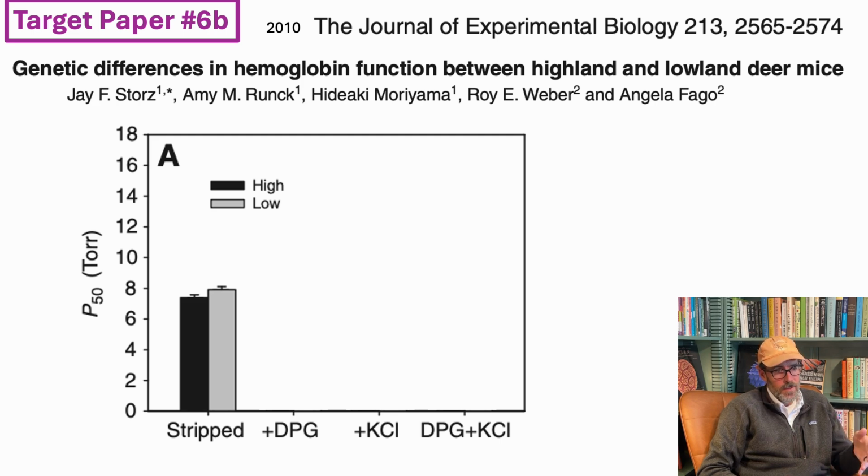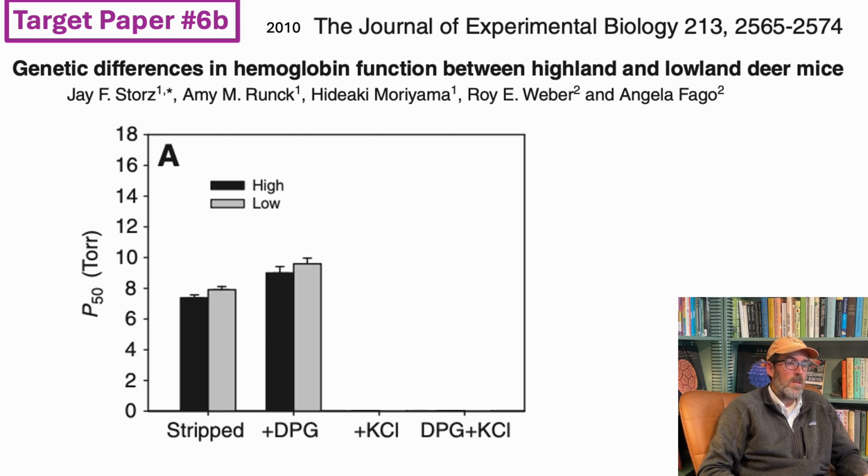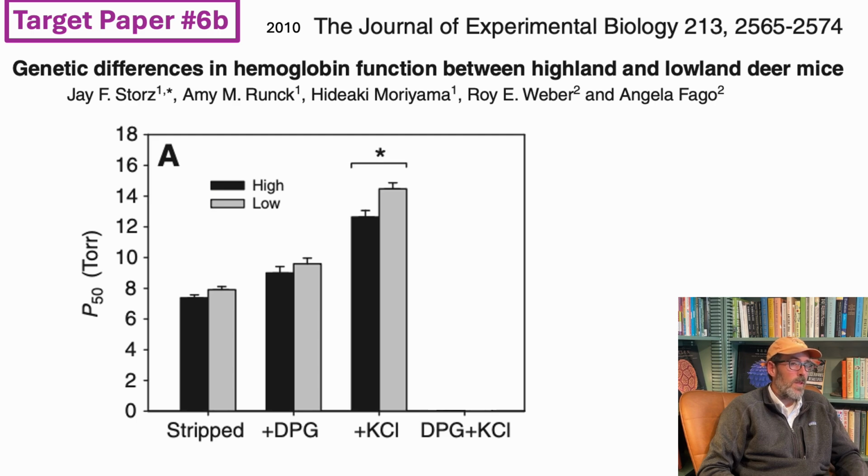So when they found this, they did all of this work. They went up to Mount Evans, Mount Blue Sky, collected those mice, and compared them to mice from low elevation in Nebraska, and I expect they were expecting to see a much starker difference between the high and low elevation P50s, but they didn't. When they added DPG, that didn't change the story. But when they changed the pH of the blood with KCl, that led to a significant difference.